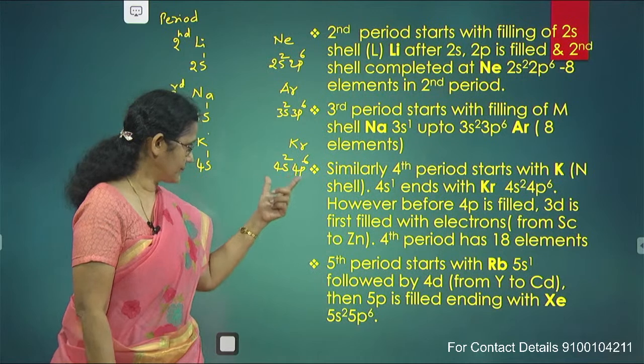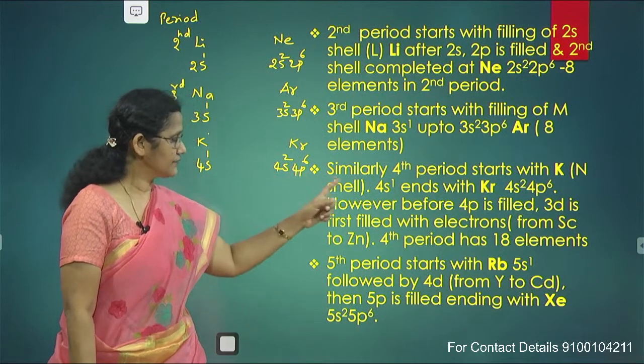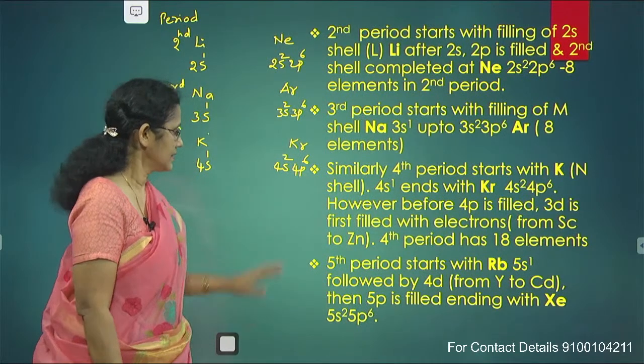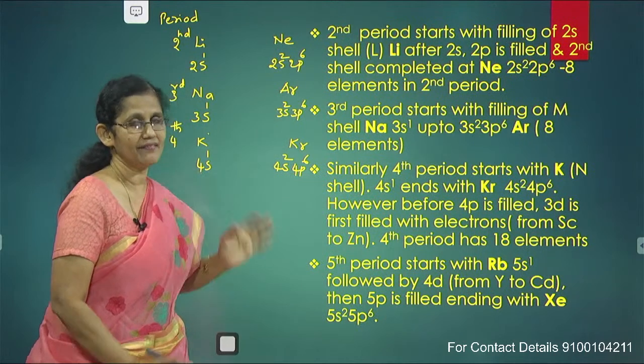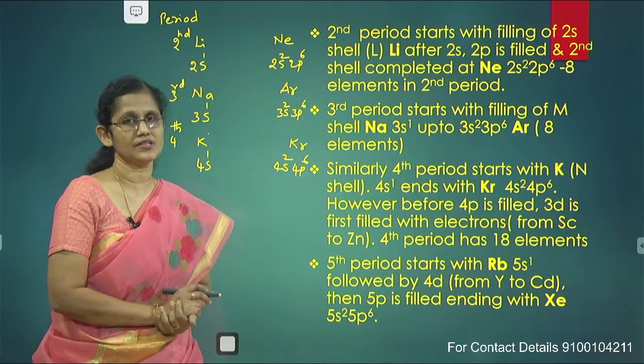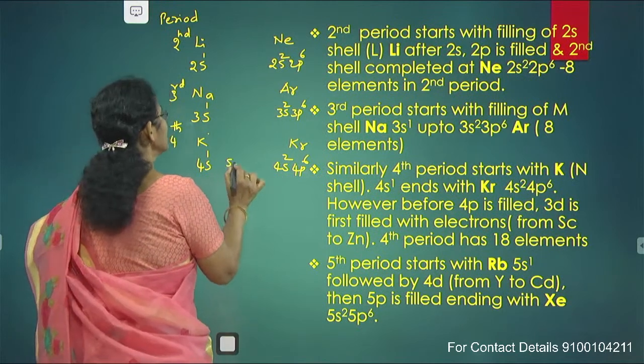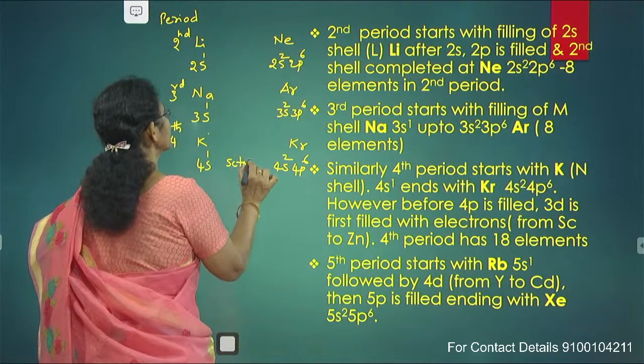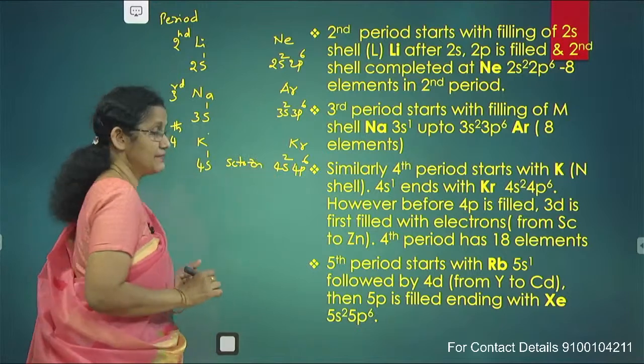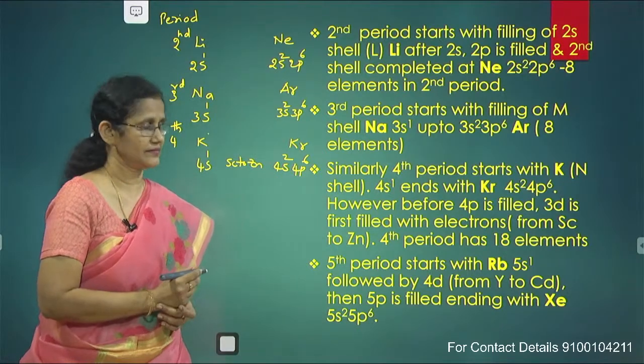So, before filling 4p, in the fourth period we have the 3d level, scandium to zinc, right. So, 10 elements, scandium to zinc, are filled in the 3d level, right.